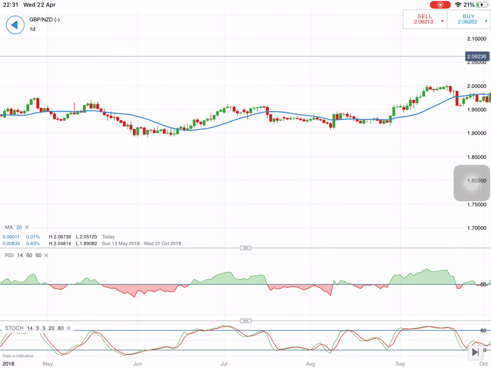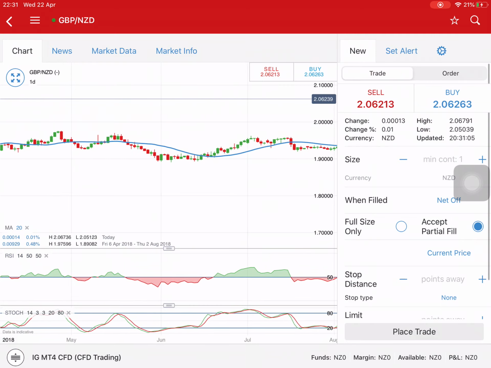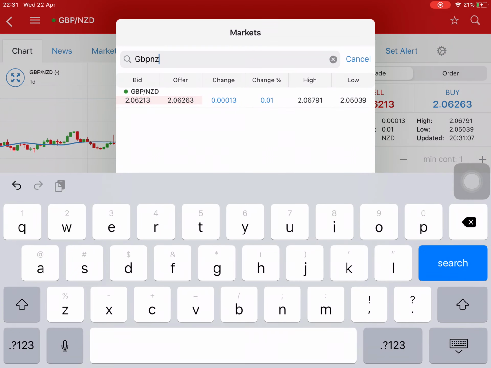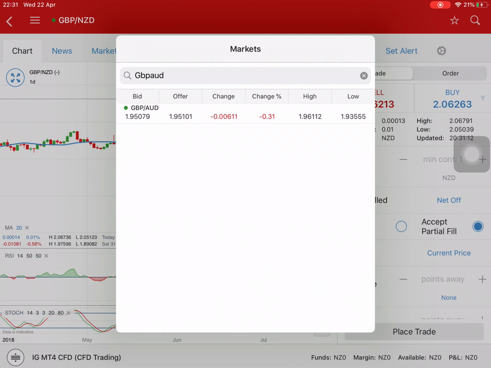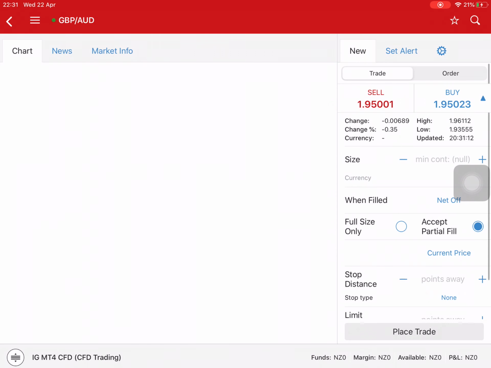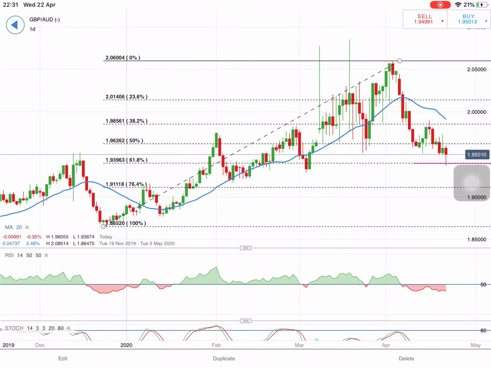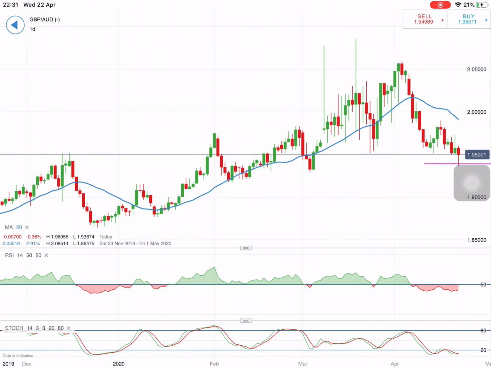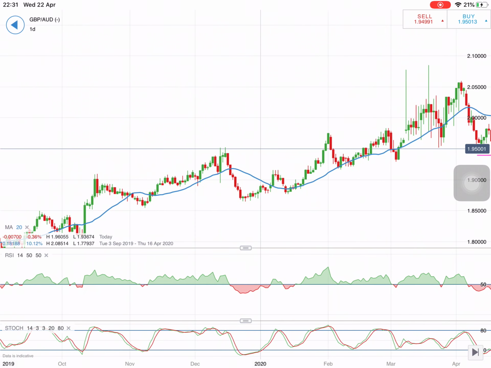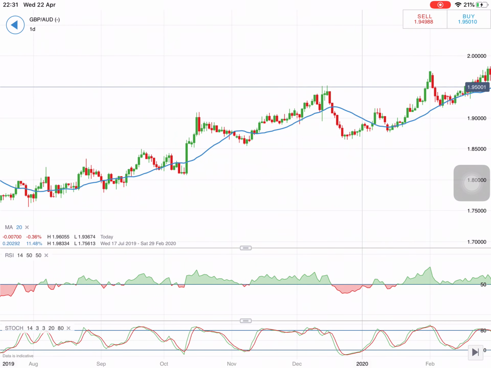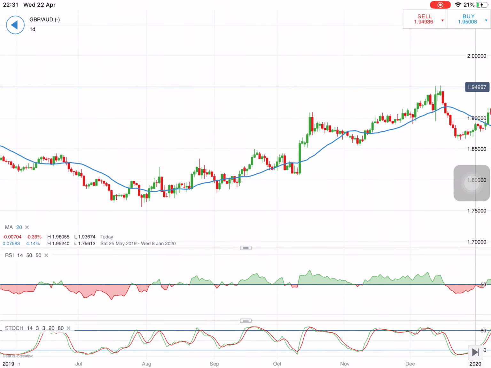But if you look back, you can see clear opportunities that it gives you all the time. Look at GBP AUD. Let's look at GBP AUD. Look how many opportunities it gave you to get back into this bullish trend.